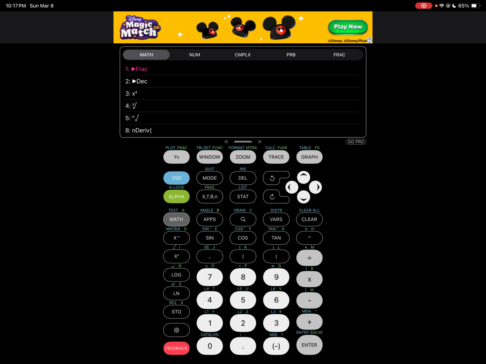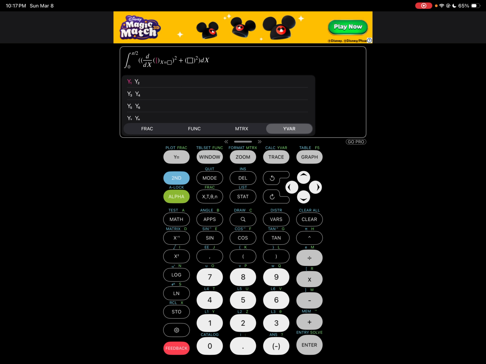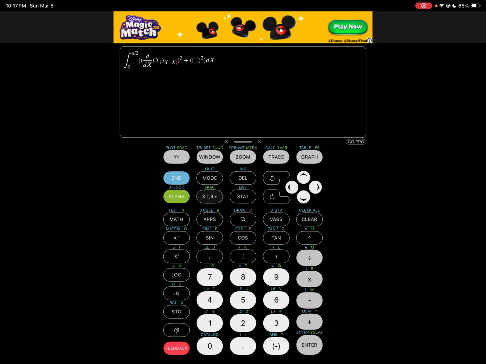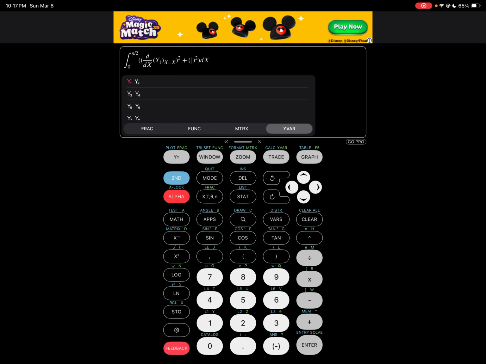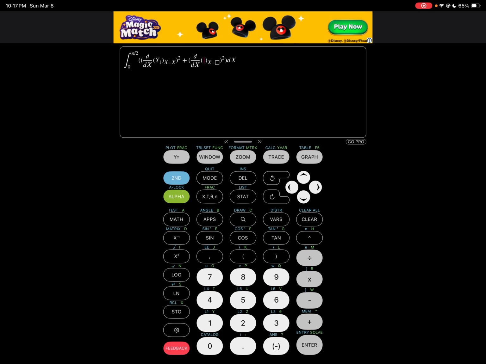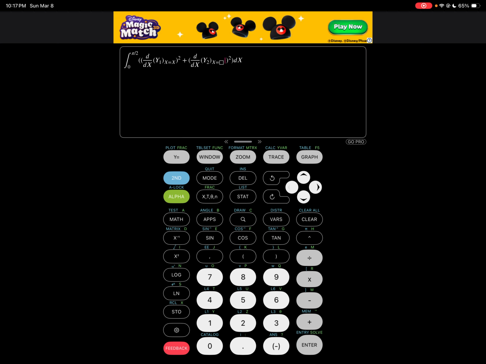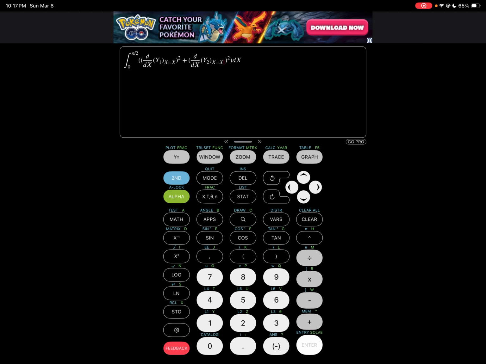And then math 8, alpha trace y1, x equals x. And then math 8 again, alpha trace y2, x equals x, and hopefully this works.